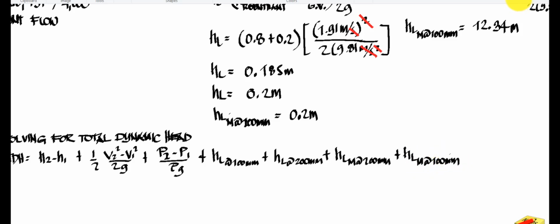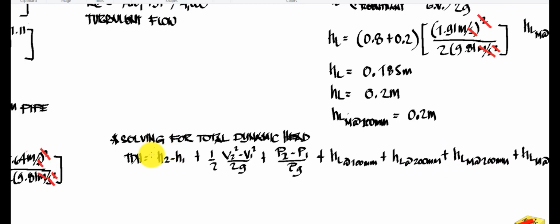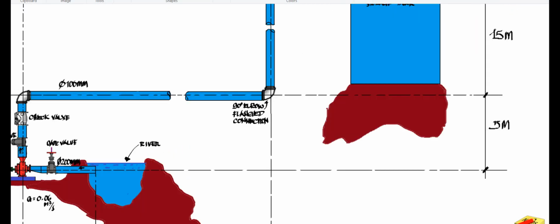Now for the change in elevation, so referring to the figure, so from here we have the elevation. So this is already the top of the surface, so we can disregard now since we are basing yung reference point natin is at the pump. Okay.